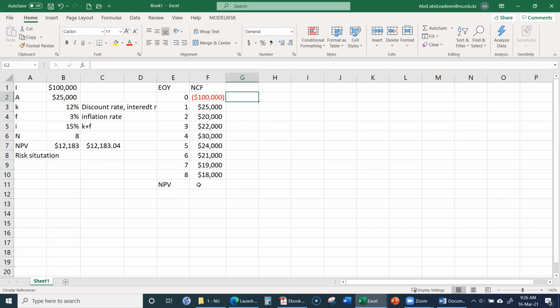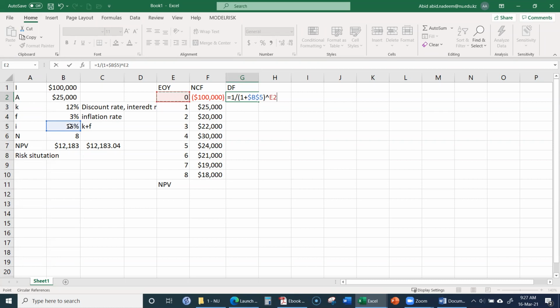In this case, the discount factor DF will be applied to all of these individual cash flows. It is equal to 1 divided by (1 plus I) to the power N. I in this case is 0.15, or 15%, and N is the year number.